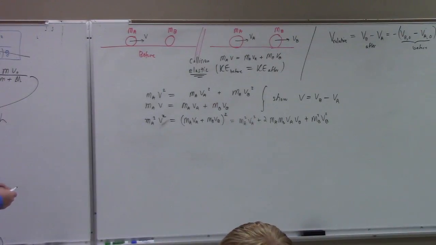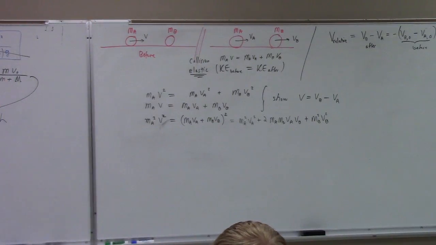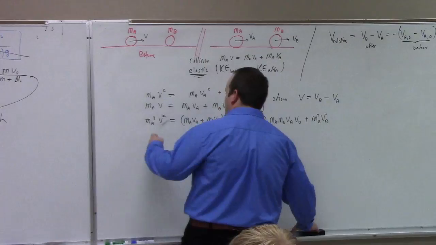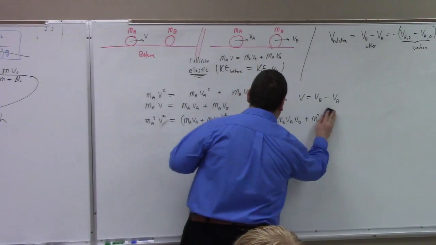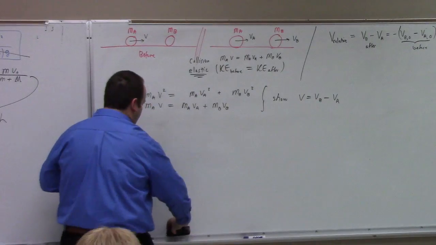Oh, I'm an idiot. What I should have done, yeah, I kind of agree with Travis, there are so many M's, is that before I square it I should divide by MA, right? If we divide by MA, what do we have?